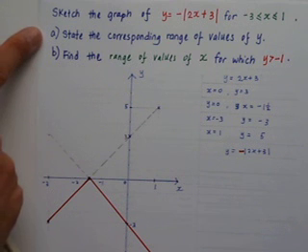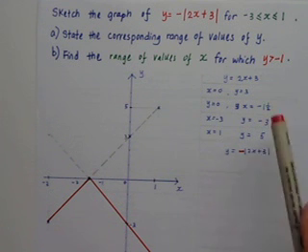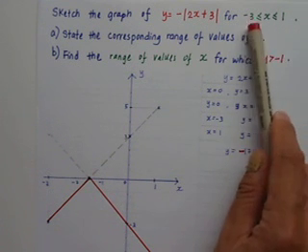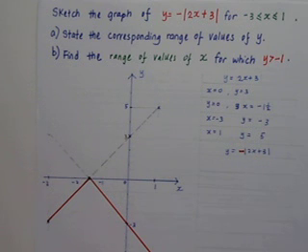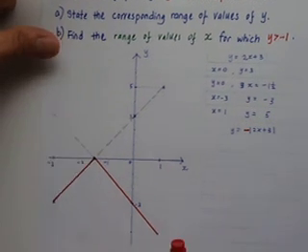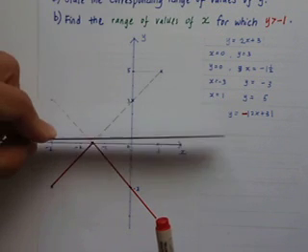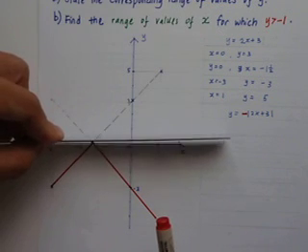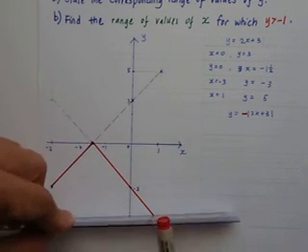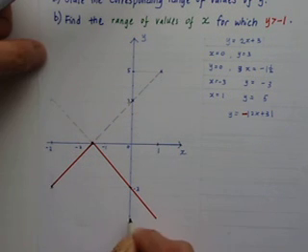Now let's look at part A. State the corresponding range of values of y. That means for this given range of values of x, what is the extent of values of y? As you can see from this inverted V shape, the lowest point here is minus 5.